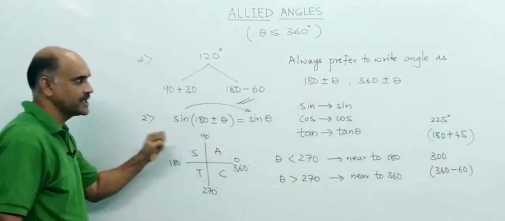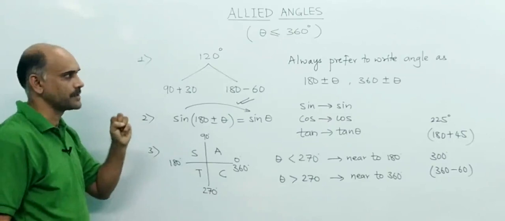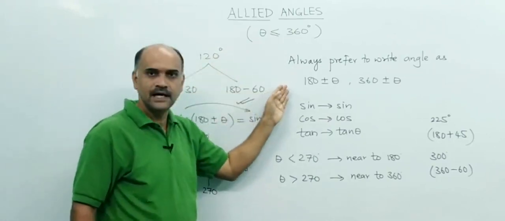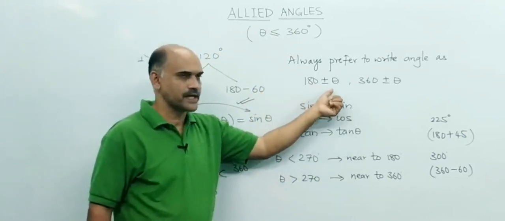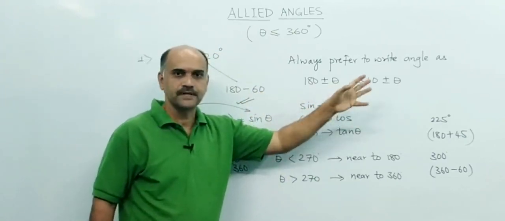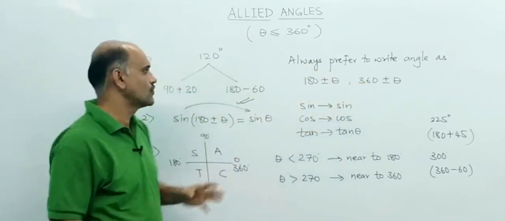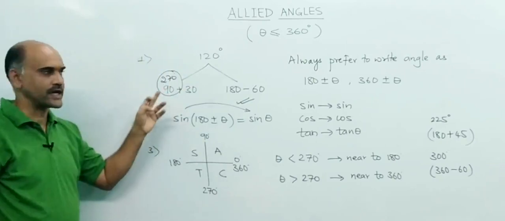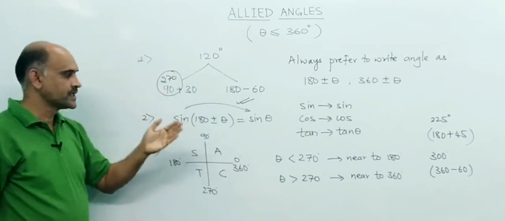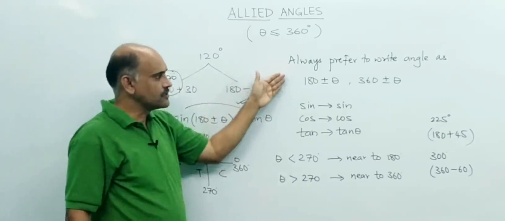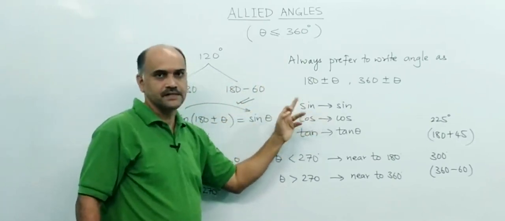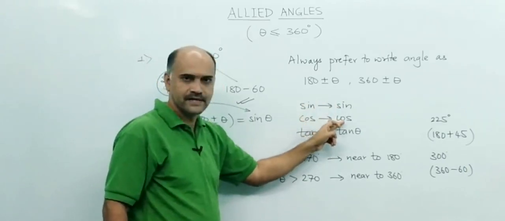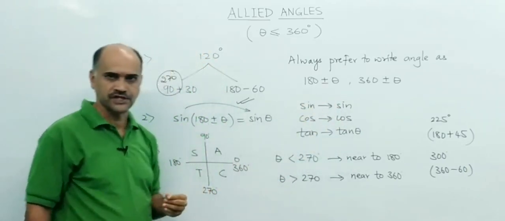So these are the hints which you are required to remember. First, always prefer to write the angle as 180 plus or minus theta or 360 plus or minus theta. Don't go for 90 and 270. Second, sin will remain sin, cos will remain cos, similarly all functions.